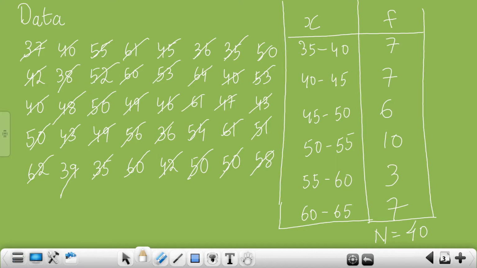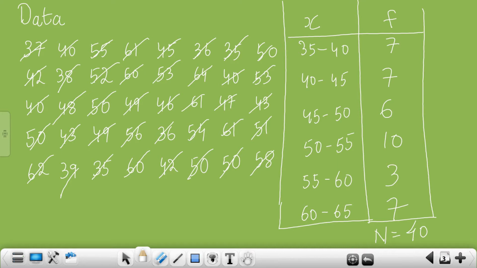So what we have done is we have converted your data from basically an individual series, and we have grouped the data accordingly. Okay, so so far we have understood the concepts of continuous series data.